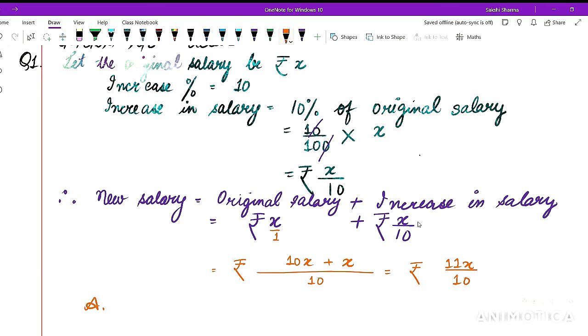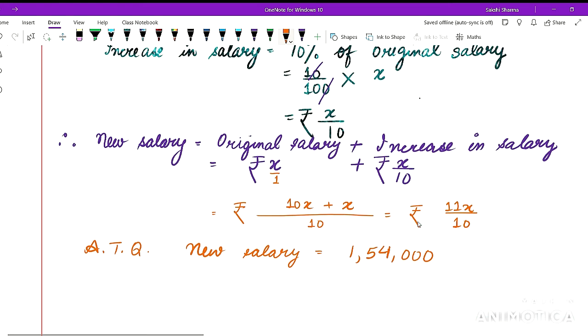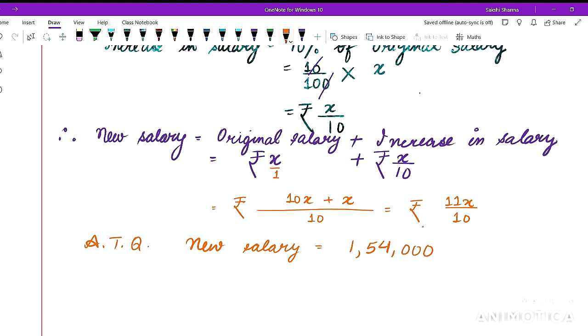But according to the question, I was given that the new salary is 1,54,000. So what I will do is, I'm going to equate the new salary which I obtained with the new salary given to me in the question.